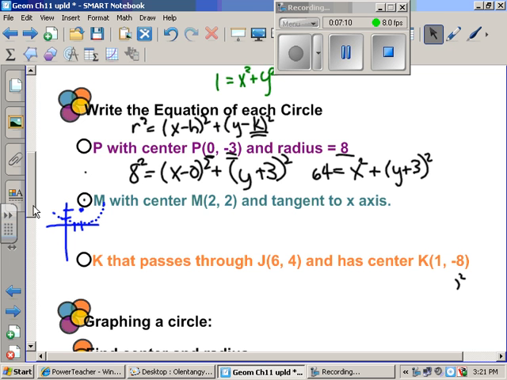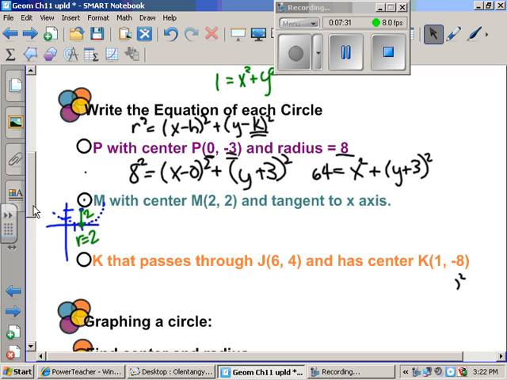So that tells me the center's here, and it's going to hit right there. The length of that segment is 2. That's the radius. Just by sketching it, I know that r is going to be 2.